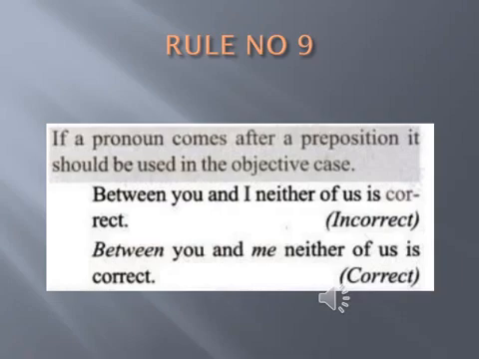But the right answer will be between you and me, neither of us is correct. After the preposition, you is there. That you is in the objective case. And I is wrong because it is in the subjective case. So between you and me. After a preposition, what follows is the objective case of the pronoun.